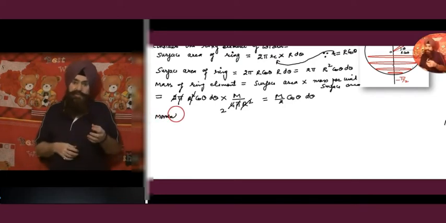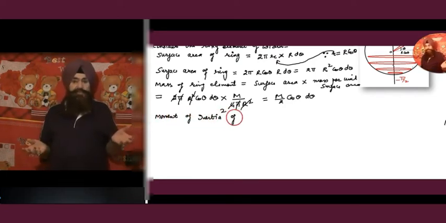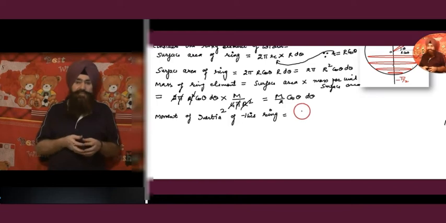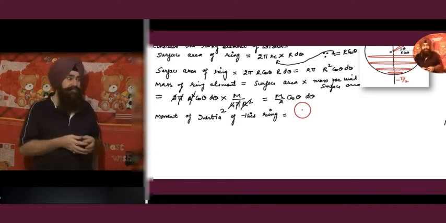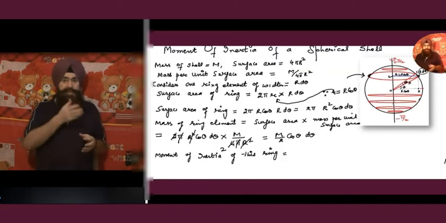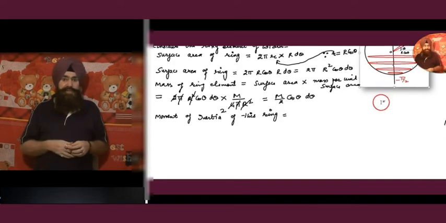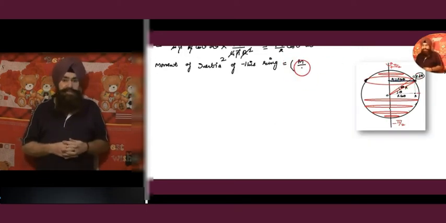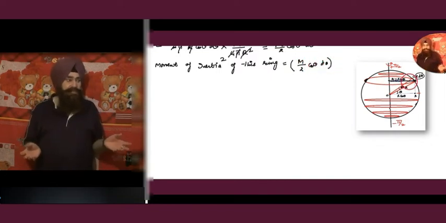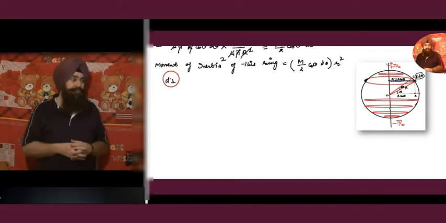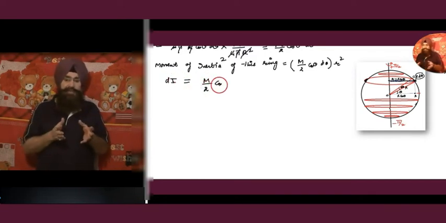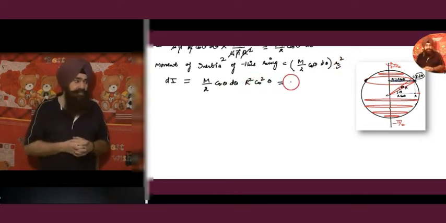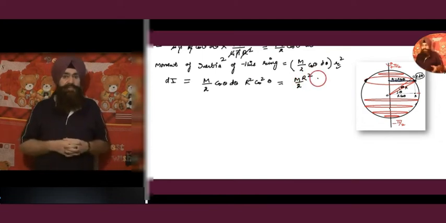Now we can find the moment of inertia of one such ring about the diameter of the spherical shell. The formula is m r square, the mass of the elemental ring multiplied by small r square. This is the small moment of inertia of one ring.